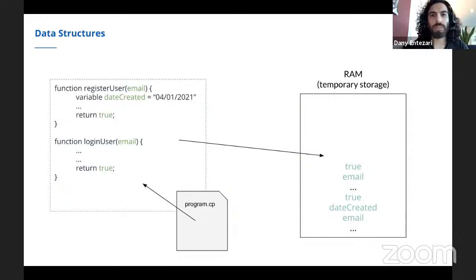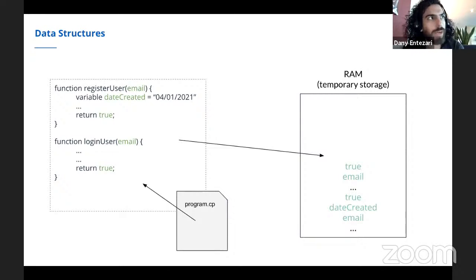Let me tell you specifically what they are, and then in the subsequent slides maybe I'll go deeper. So you will have function arguments, you will have local variables, you will have instruction registers, and return values of functions put inside the random access memory, or this computing unit for temporary storage.